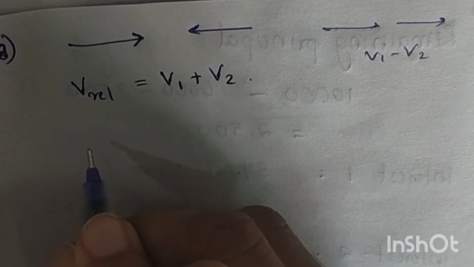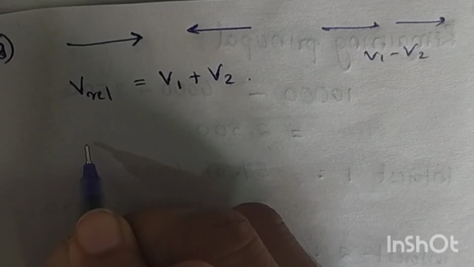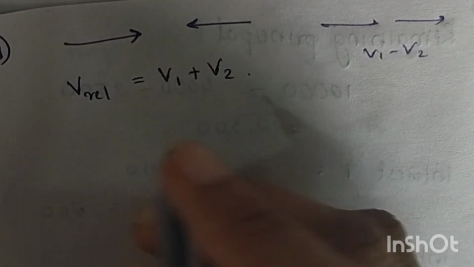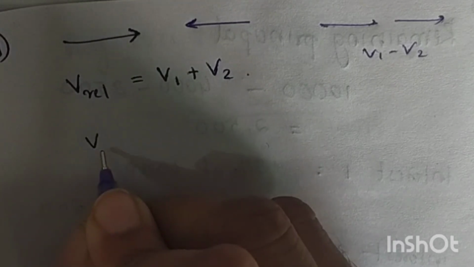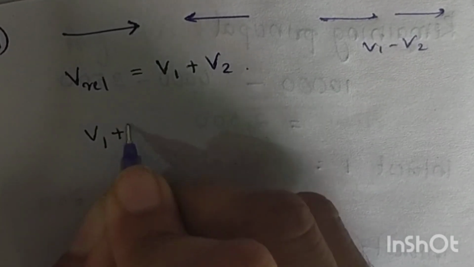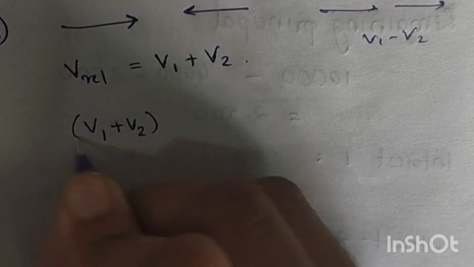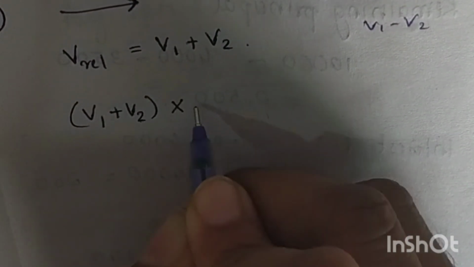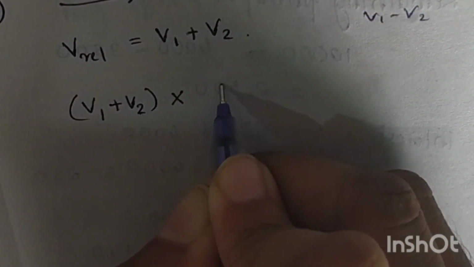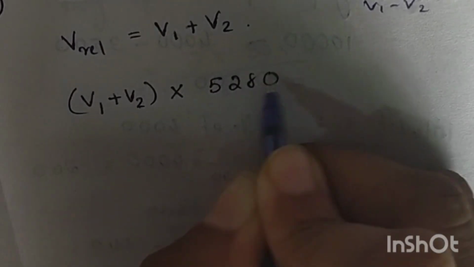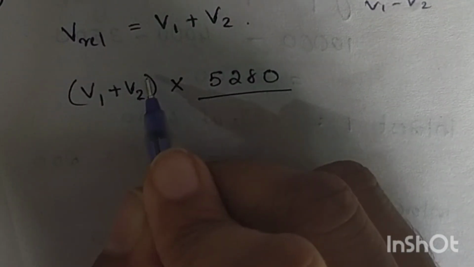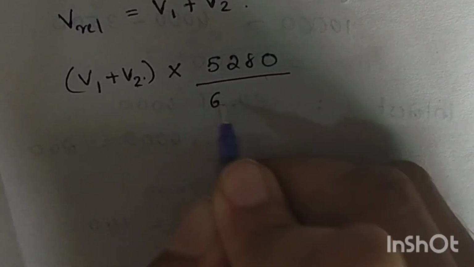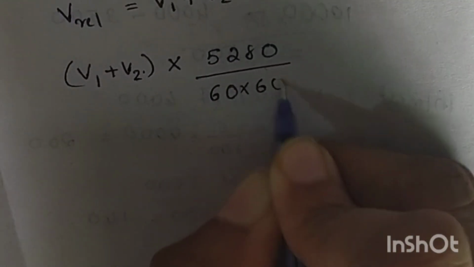Okay, so as the first step we will convert this miles per hour to feet per second. So how will we convert it? v1 plus v2 is in miles per hour. To convert it into feet, we multiply by 5280, and this is per hour. To convert it into seconds, we divide by 60 minutes into 60 seconds.